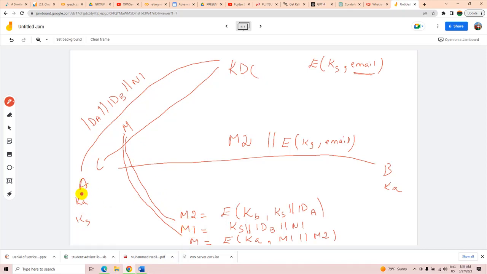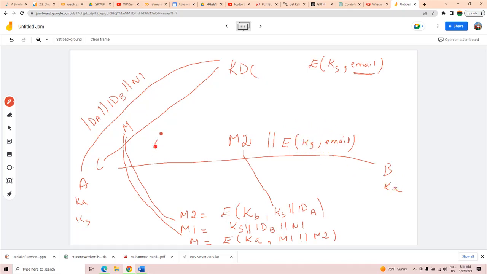A will take M1 and read the session key, and then send M2 to B. M2 contains the session key, encrypted using the master key of B. When M2 goes to B, it will decrypt using its master key and obtain the session key. After that it will decrypt the email using the session key.